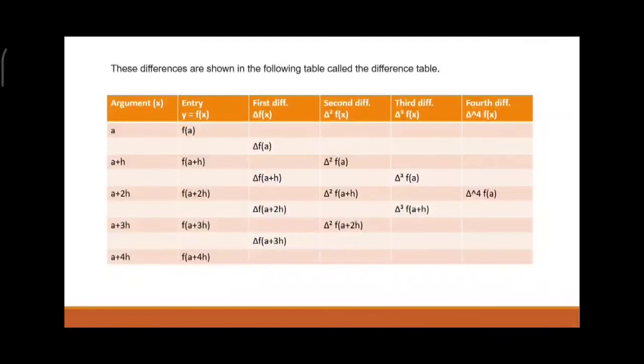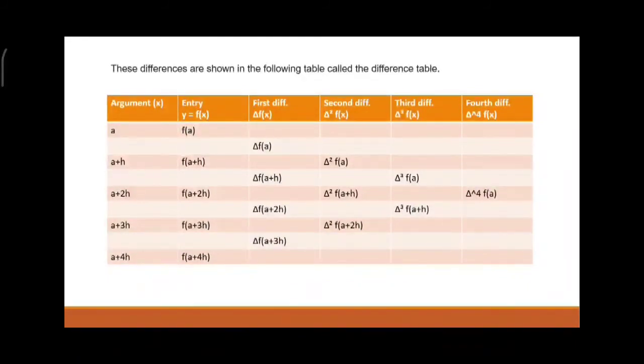These differences are shown in the following table, and the table is called the differences table. So we see the argument: first argument a, a plus h, a plus 2h, a plus 3h, a plus 4h. Second, the entry y is equal to f of x: f of a, f of a plus h, f of a plus 2h, f of a plus 3h, f of a plus 4h.